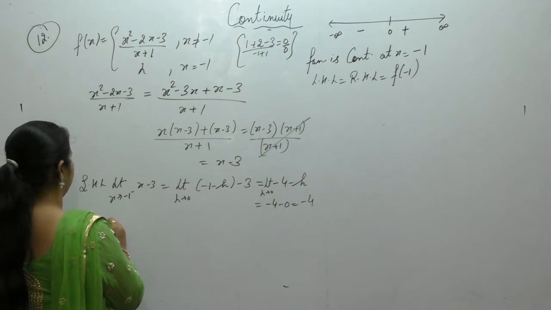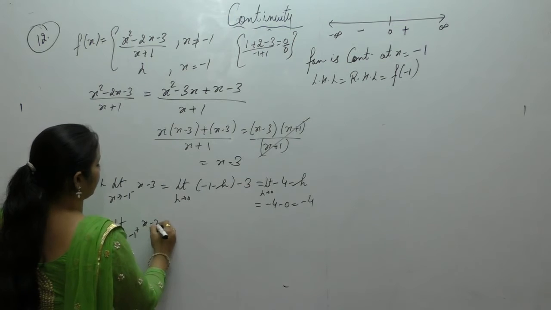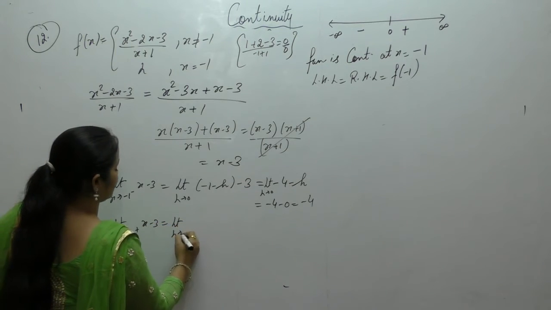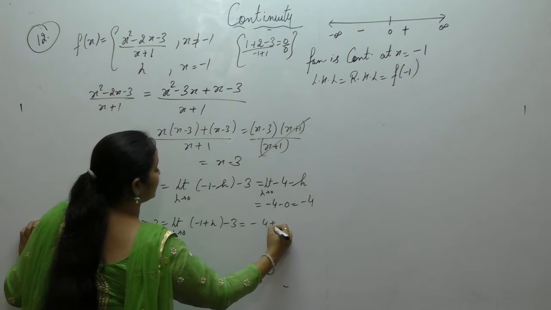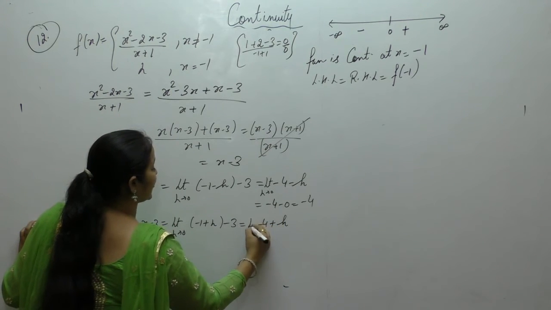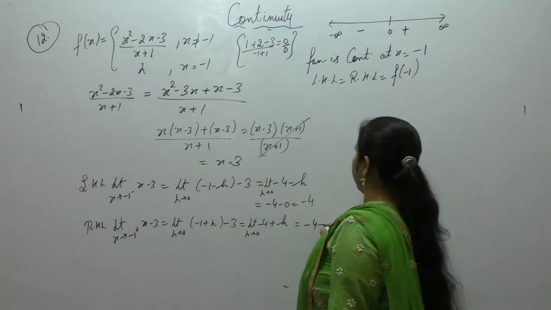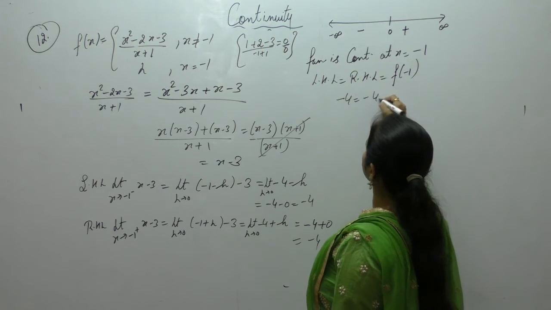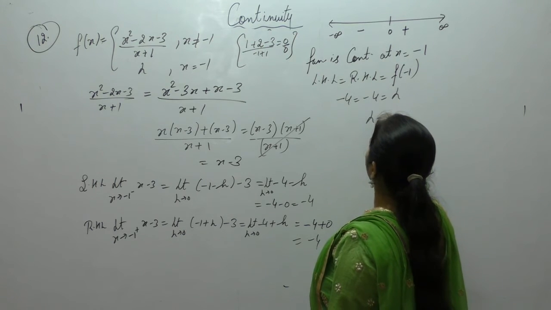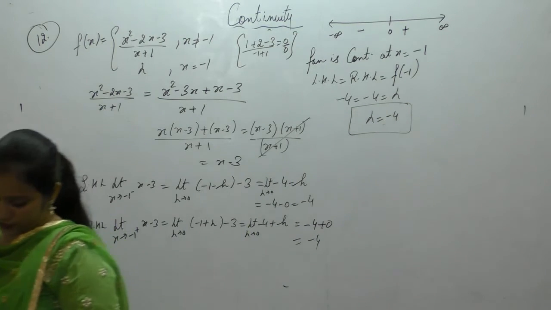Now the right hand limit, x tends to minus 1 positive, so minus 1 plus h, minus 1 minus 3 is minus 4 plus h, limit h tends to 0. So minus 4 plus 0 is minus 4. So minus 4 equals minus 4 is equal to lambda. So we get the value of lambda as minus 4.